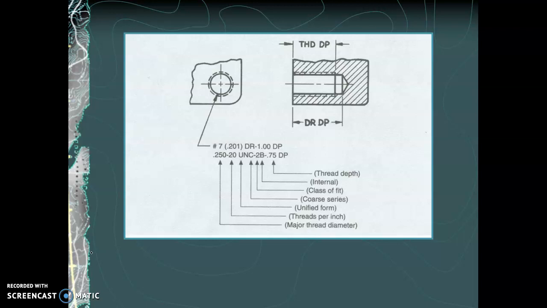When those threads are cut, shavings may fall to the bottom of the hole, so you need a little bit of area for those to go, and then you can back the tap out. It helps to have a little extra room at the bottom of that hole.